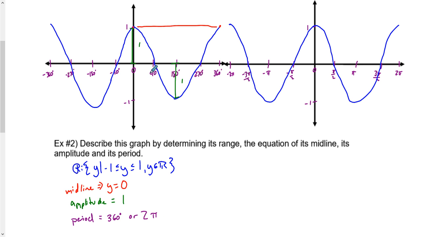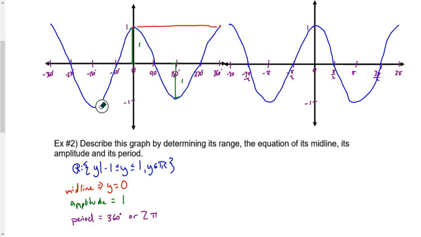But we're not limited to just that because we could also measure from the middle till it repeats back to the middle. And -90 to 270 is still 360, or -pi over 2 to 3 pi over 2 is a horizontal distance of 2 pi.